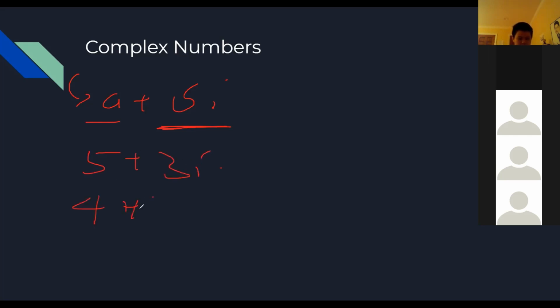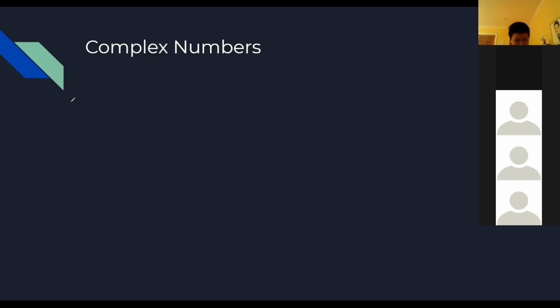4 minus 2i is complex. -i by technicality is also complex, but 5 is just real. So b is non-zero here, and a and b are real. So a few things we have to talk about with complex numbers. First off, adding them.